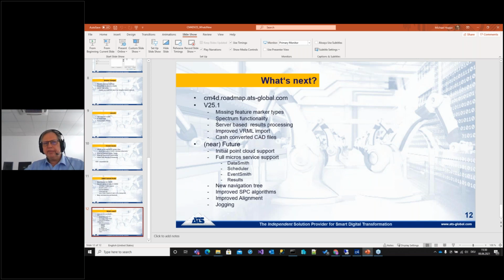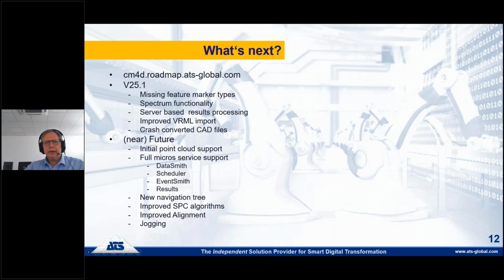So what is next? The very next step will definitely be version 25 with missing feature marker types. Now this is wrong.